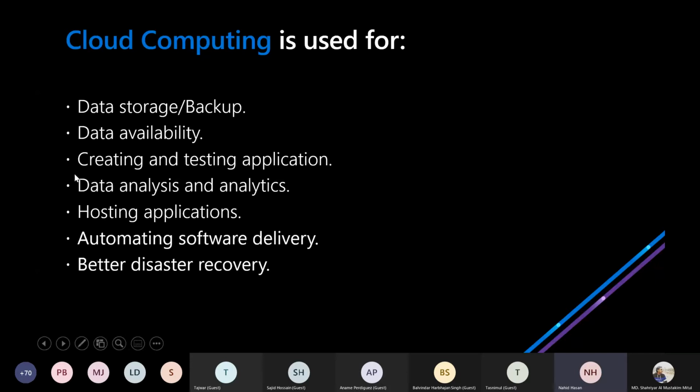Then you can create and test applications in the cloud. Then you can also do data analysis and analytics in there. You can also host those applications that you've created and tested. You can also automate software delivery and have better disaster recovery. Obviously, right? When you store something physically, that can get burned, or any kind of accident can happen. But in cloud computing, you have way better disaster recovery.